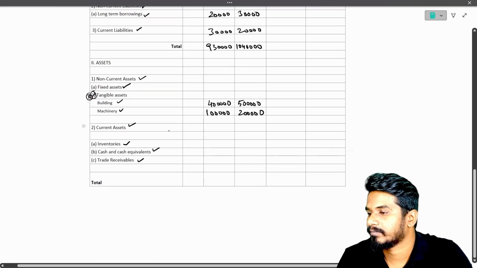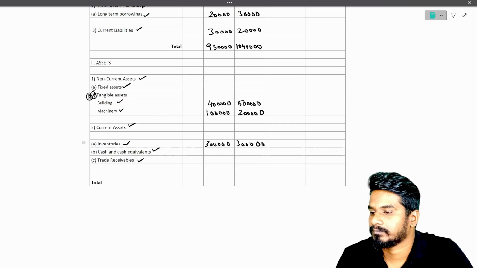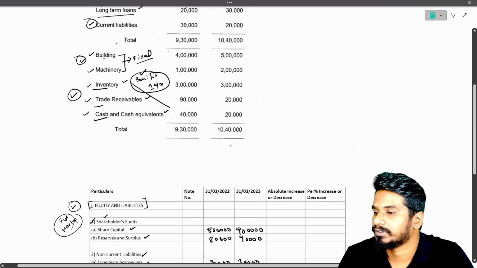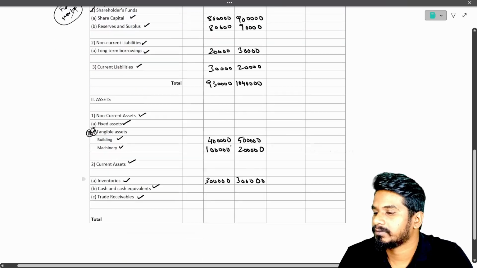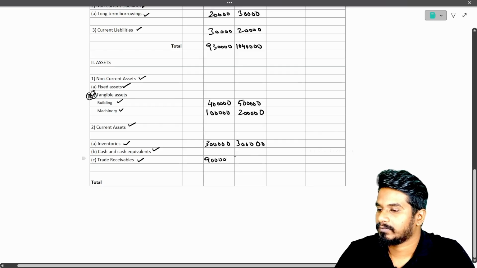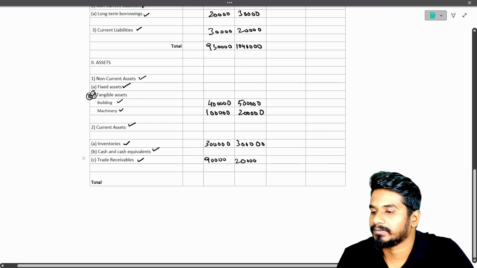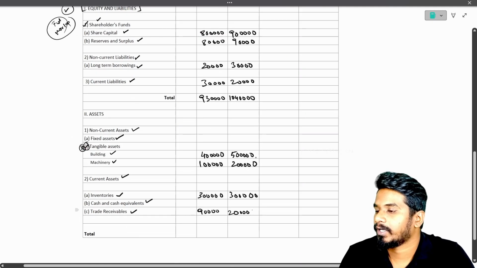There is no change. And trade receivables 90,000 and 20,000. And cash and cash equivalents 40,000 and 20,000.